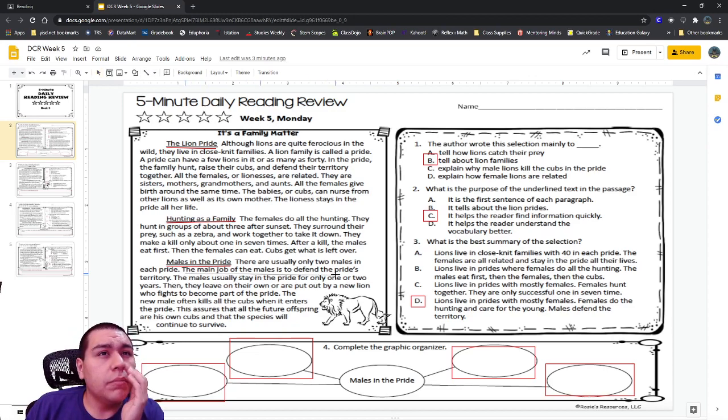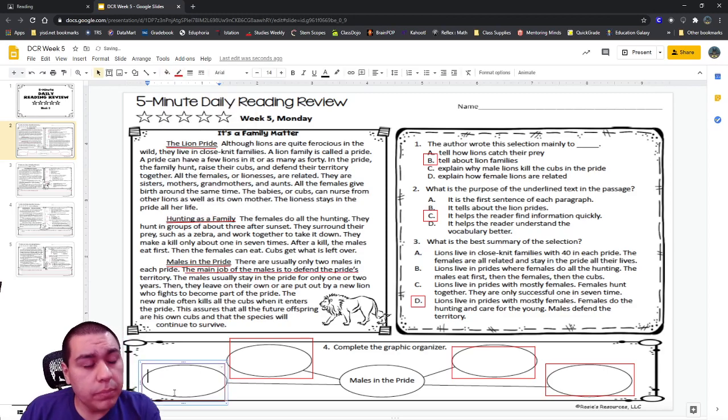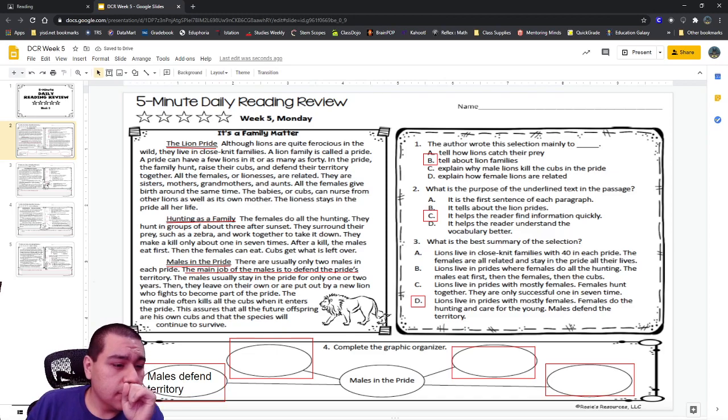The main job of the males is to defend the pride's territory. Okay, so in my first circle, I can put that. Males defend territory. Okay, so there's one fact.